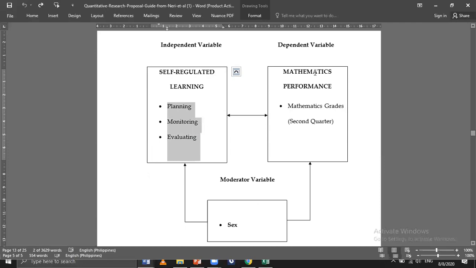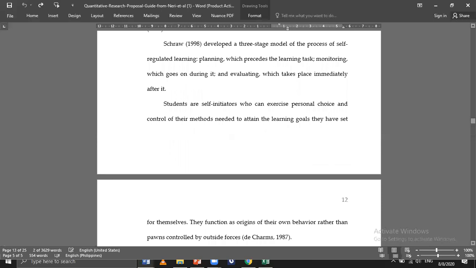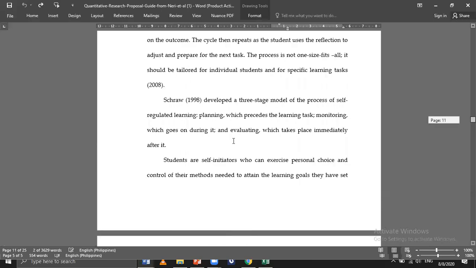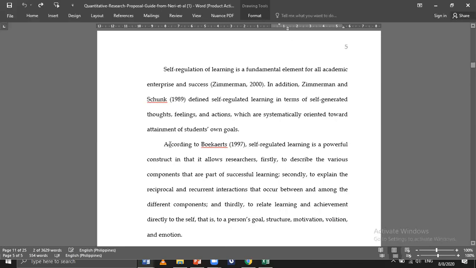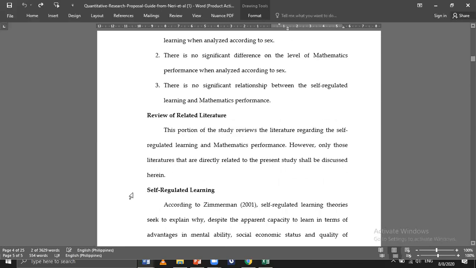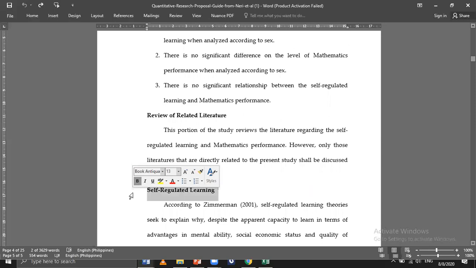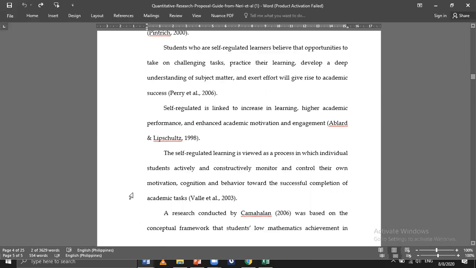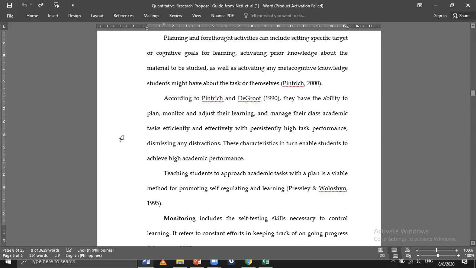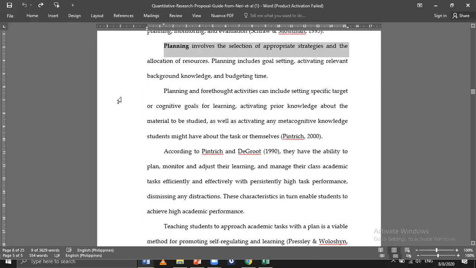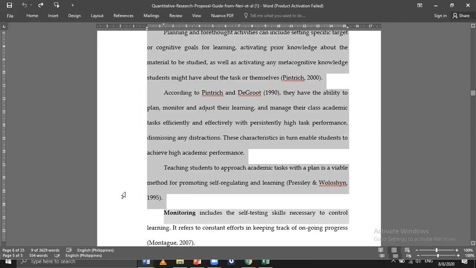You will also have to put mathematics performance and then their mathematics grades, or any information that is related to those topics. Let's see it here. So the first main topic is self-regulated learning because it is the independent variable. Then we will divide that into planning, with other RRL that is related to planning.